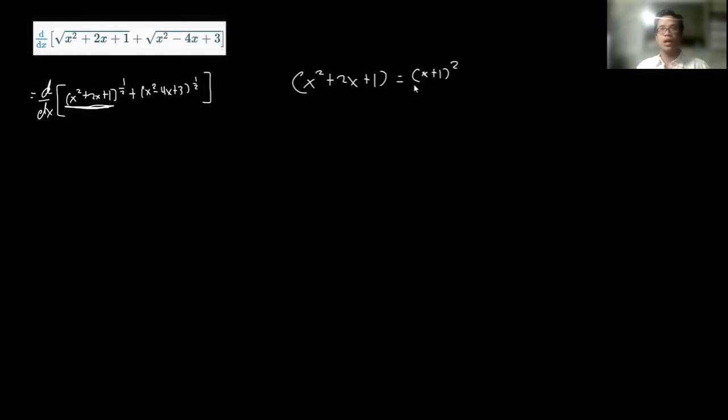First and foremost, try to imagine this 2x. Look at the constant. The square root of constant 1 is still 1, right? Then what if you add two 1s? 1 plus 1 is 2. So therefore, this is x plus 1 squared.